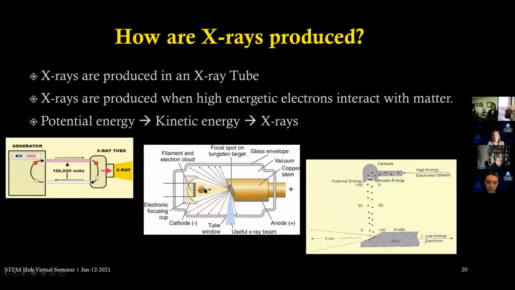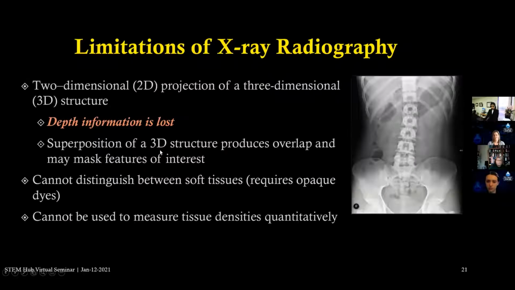As the electrons bombard the tungsten, they interact with either the nucleus or the electrons of the tungsten and cause X radiation. So this kinetic energy is basically converted into X-rays of high energy. That is just how the X-rays are produced and how the images are formed.